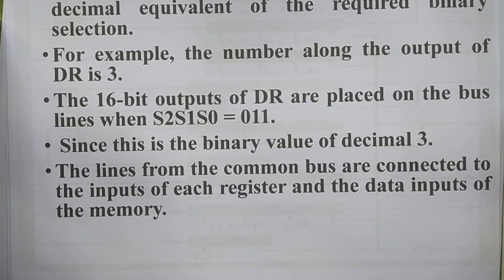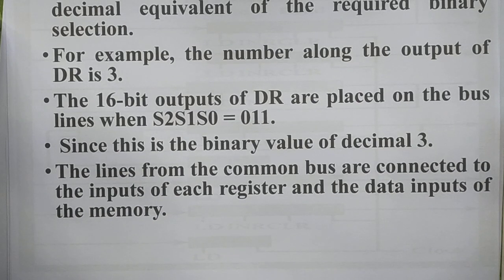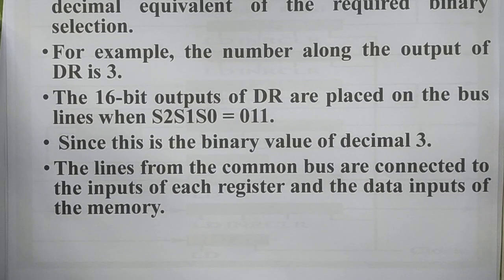Whenever we consider the number through the selection variables, selection variables are actually defined through binary numbers, but we consider them as decimal numbers.